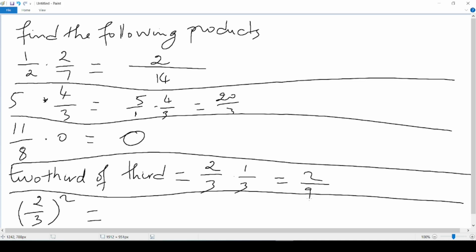So 2/3 squared means 2/3 times 2/3, and the answer is 2 times 2, 4 over 9, 3 times 3, 9. If you pay attention to what I'm doing, you will see that it is very messy. So for my dear mathematicians, sometimes things can get messy enough on your piece of paper. So I'm just demonstrating it here.